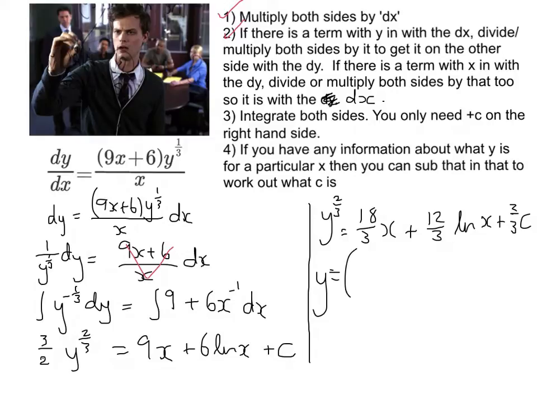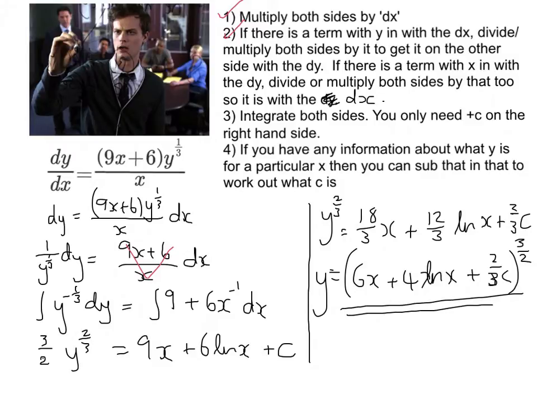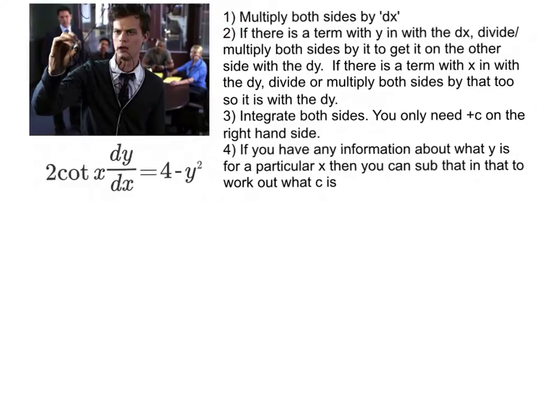Actually, we can just put it all to that power. 18 over 3 is 6, 4 ln x plus 2/3 c, all to the power of 3 over 2. And then we've written it explicitly. The solution is explicitly written as y as a function of x.